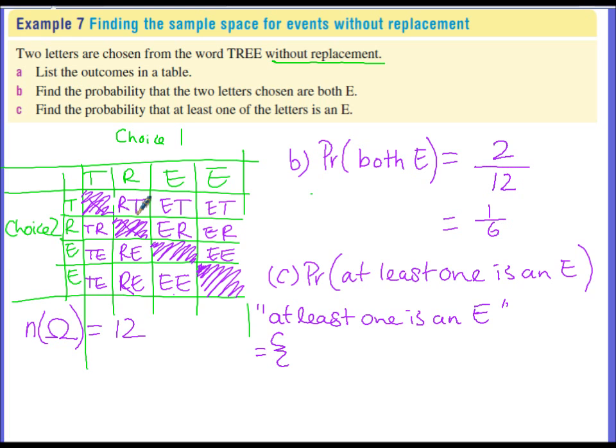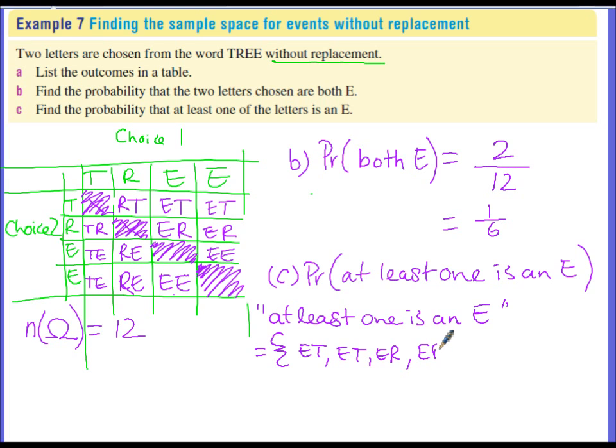RT doesn't fit because there's no E's in there. ET fits. ET again. Go to the next row. TR has no E. ER does.